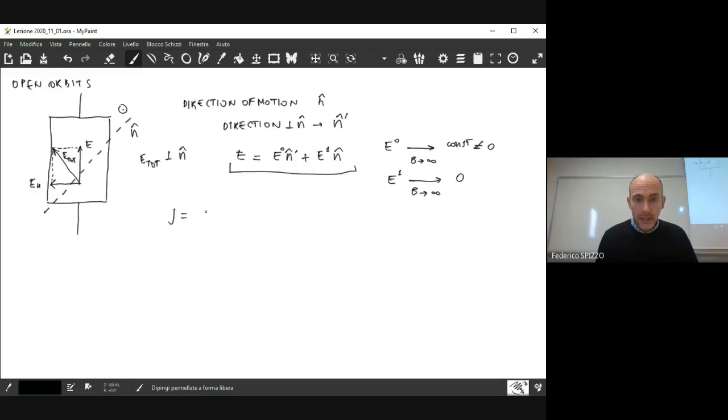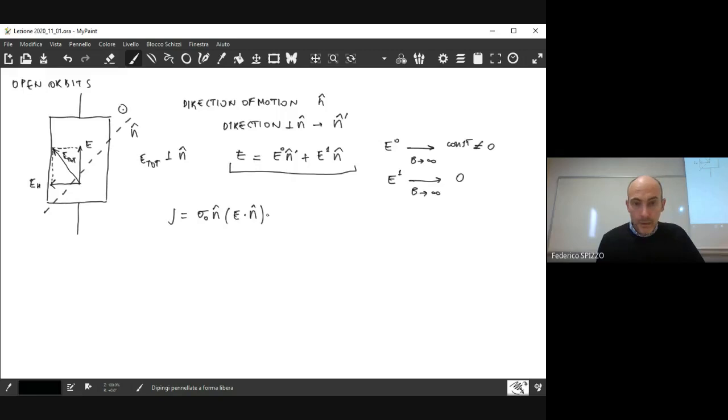So in this condition, we have sigma 0, and the convention is always the same. All the terms that have a label with 0 are terms that in the high field limit will be constants, so different from 0. So this represents the contribution parallel to n and depends on the projection of the electric field along the direction of n.